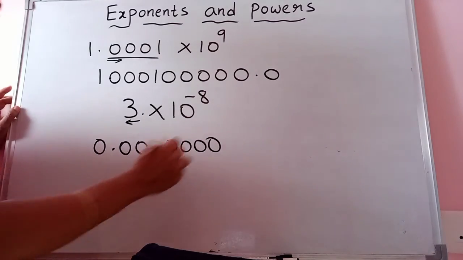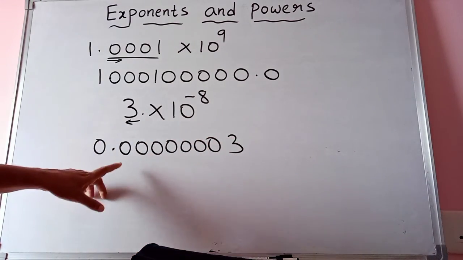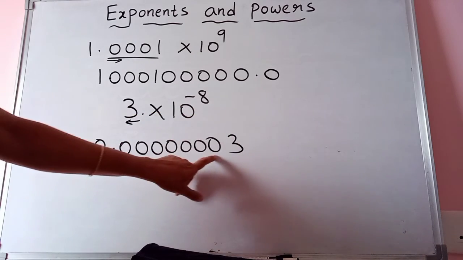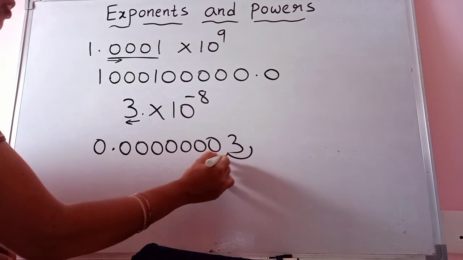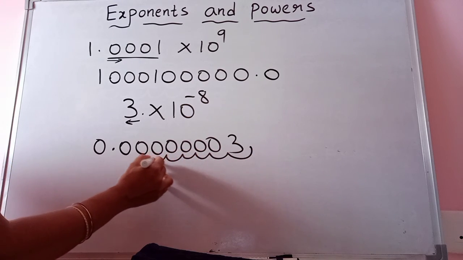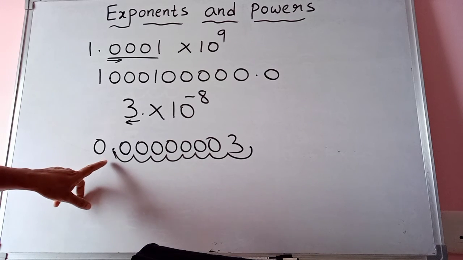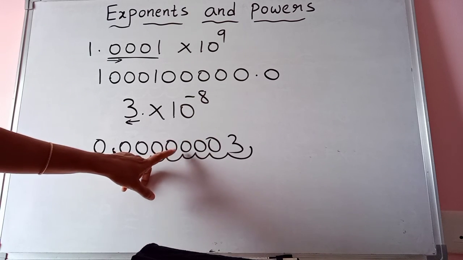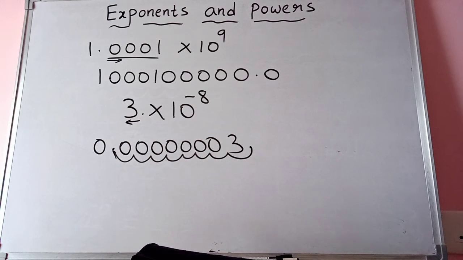Okay, and then write 3. 0 point after, okay, 7 zeros. Why? Because in total we shifted the decimal point 8 places. 1, 2, 3, 4, 5, 6, 7, 8 places we shifted. Therefore, the answer is 0.000000003. Okay, I think it is clear.